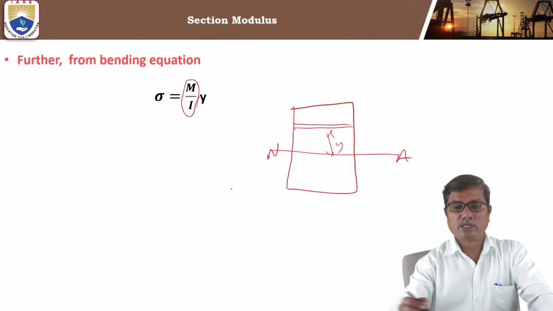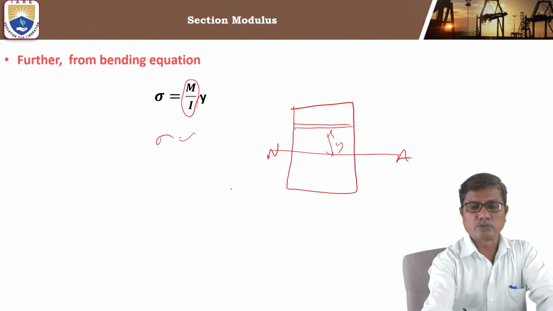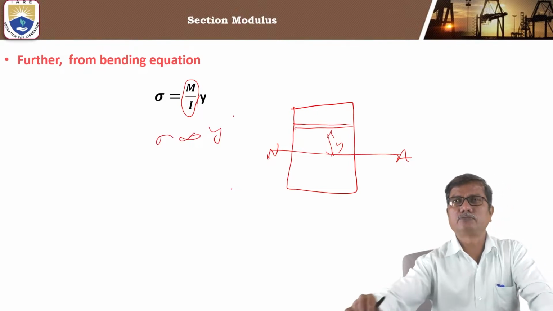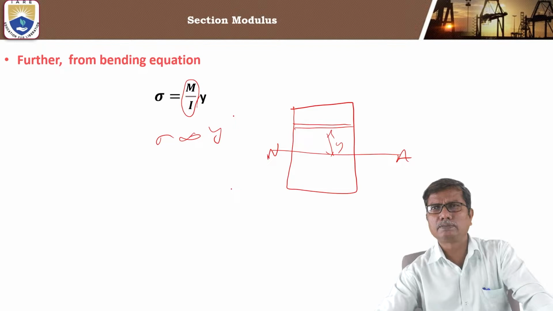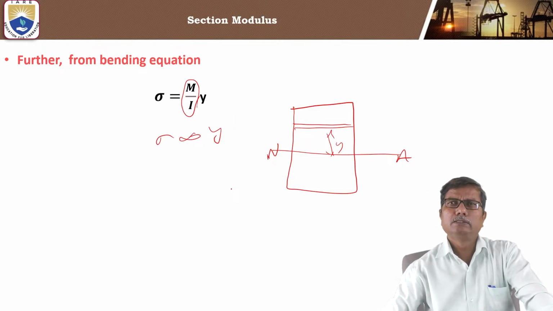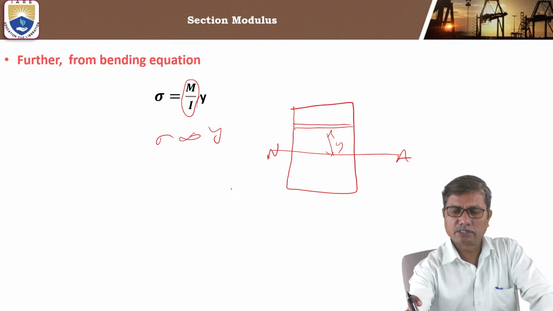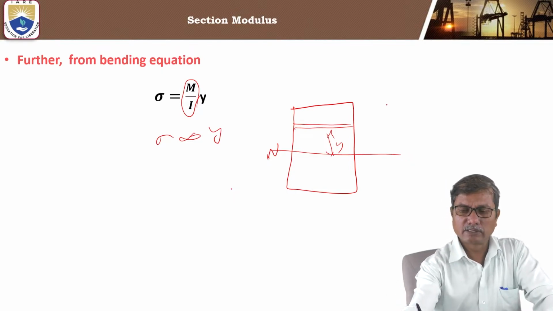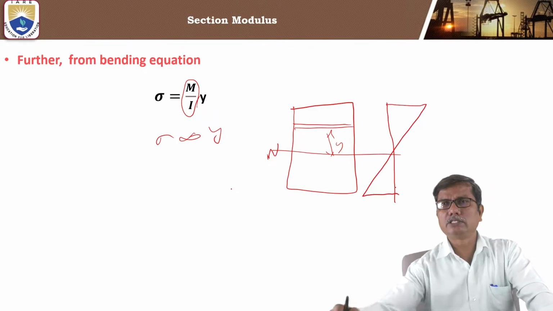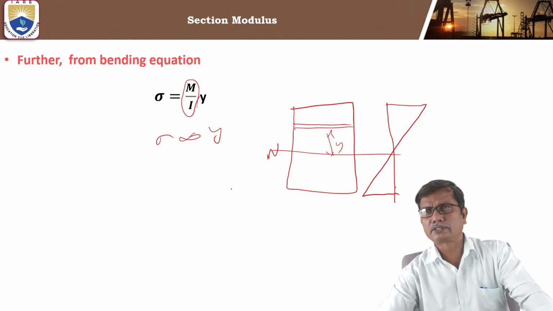So sigma is proportional to the distance of the fiber from the neutral layer. It means the stress across the section varies linearly with distance from the neutral axis.